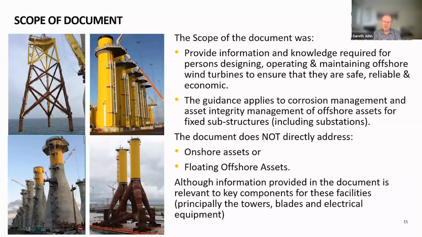But the document does not address onshore wind, nor does it address floating offshore assets. Though, at the moment, the majority of the information in this document will be applicable to common features for both onshore and floating facilities. Next slide.